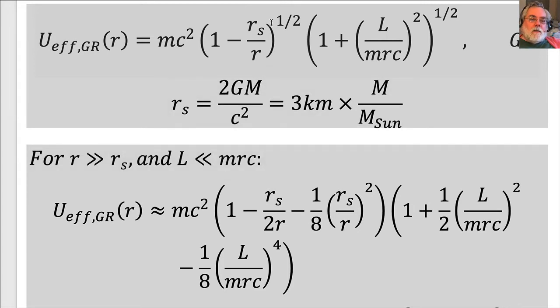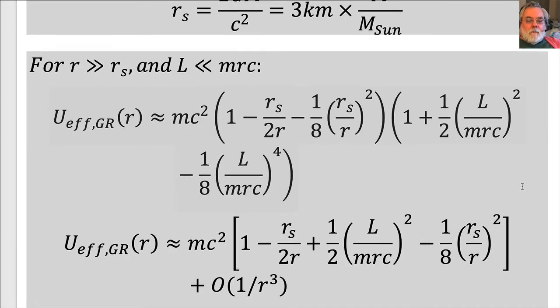the quantity rs over r is small, and we can use a Taylor series expansion of the second factor, and this is the Taylor series expansion up to three terms. And if the angular momentum is small compared to the denominator, we can do a Taylor expansion of the third term to 3 terms, and we get this product, which at first glance does not look too helpful because now we have 9 things, but it is helpful.